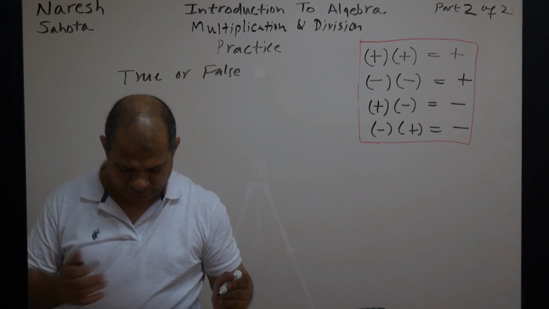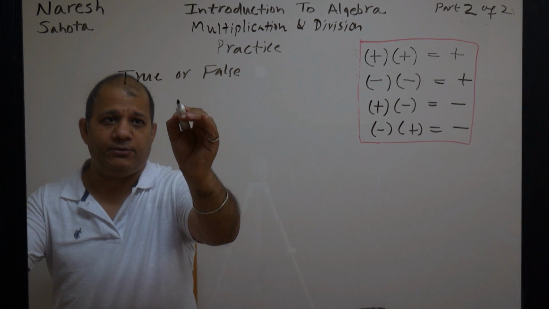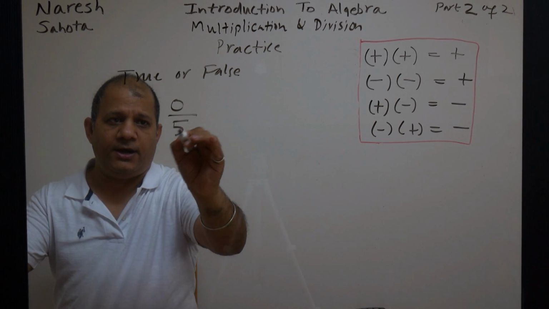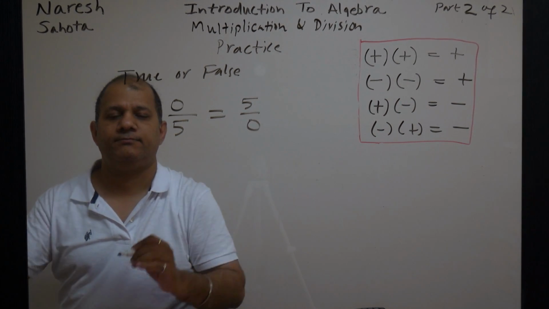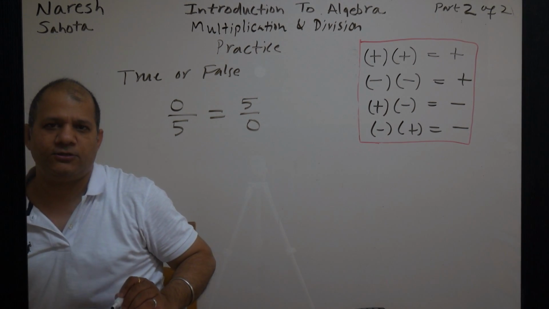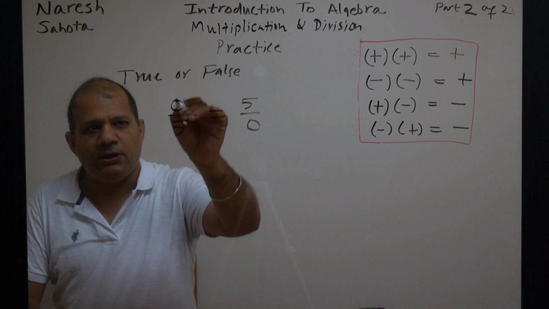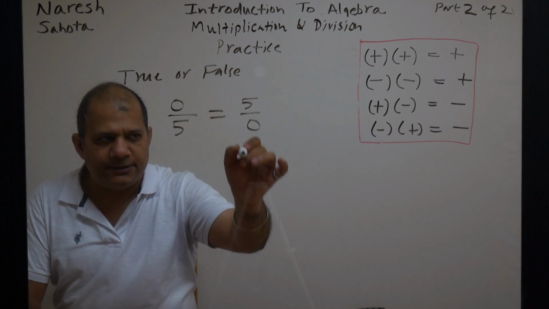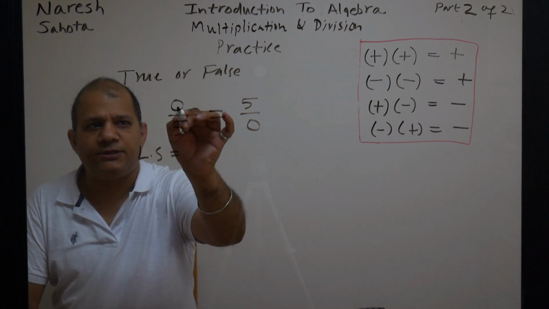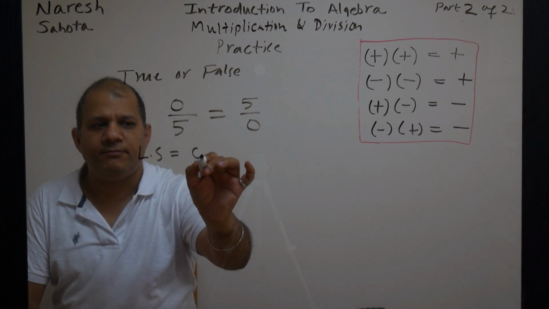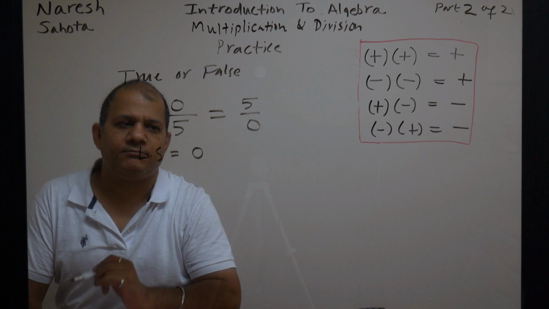Okay, so now let's look at this example. 0 over 5 divided by 5 over 0. So is that a true statement or a false statement? Well, let's work out the left side and then the right side. Left side, 0 divided by 5 is 0.